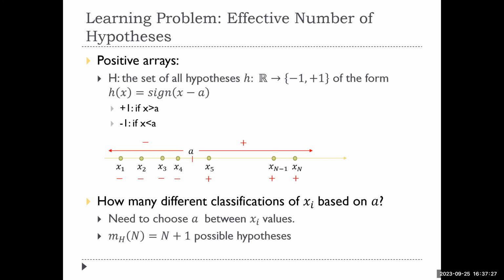All data points are on the x-axis. I'm going to pick N points. The question is, I'm going to determine the number of effective hypotheses. So what I do is, my hypothesis set is based on this function.